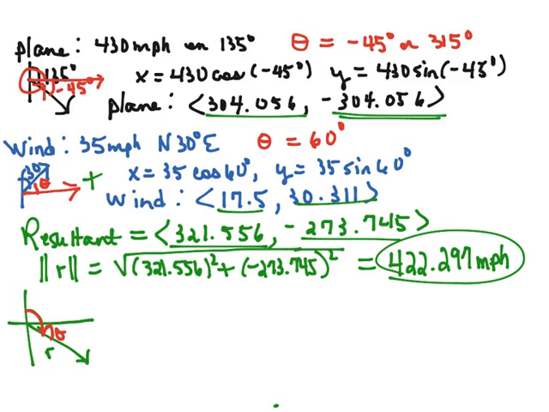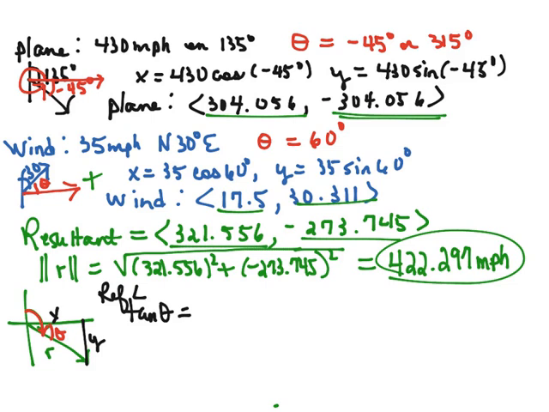So we can find that using our tangent function. This would be our x component, and this is our y component. So the tangent of theta would equal y over x. And I'm going to ignore that negative for a moment and just get the reference angle.